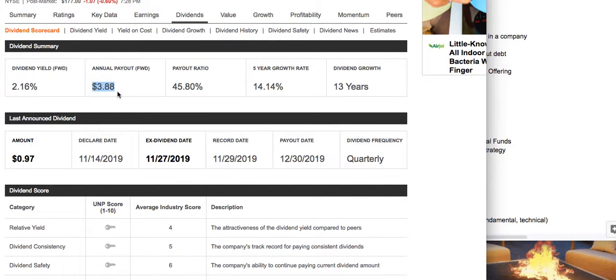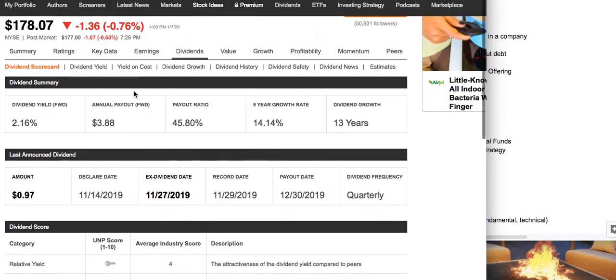If you divide that by 4, that gives you what they pay 4 times a year. Just one thing to note is that this is an annual figure, this is what you make annually on the dividend. So it's $3.88 divided by 4, which is paid out in quarterly payments. So just one thing to note with that.